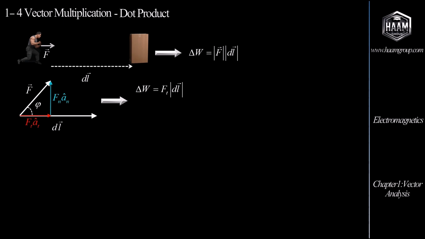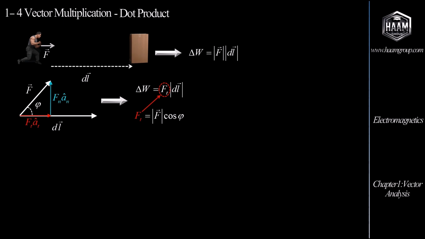That is, delta W equals F sub t times the magnitude of dl vector, where F sub t is the tangential component of the force along the displacement, obtained from the relation F sub t equals abs F times cosine phi.